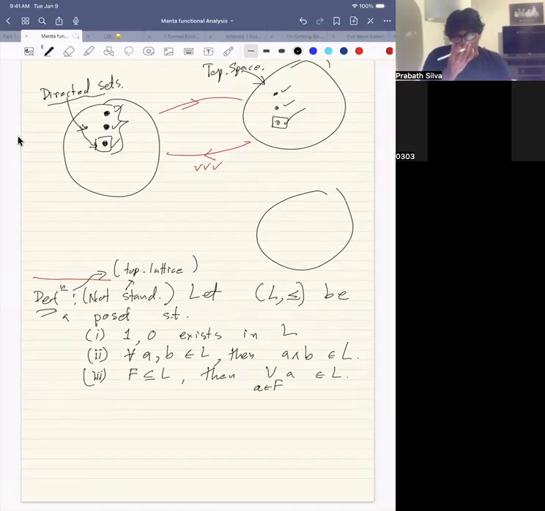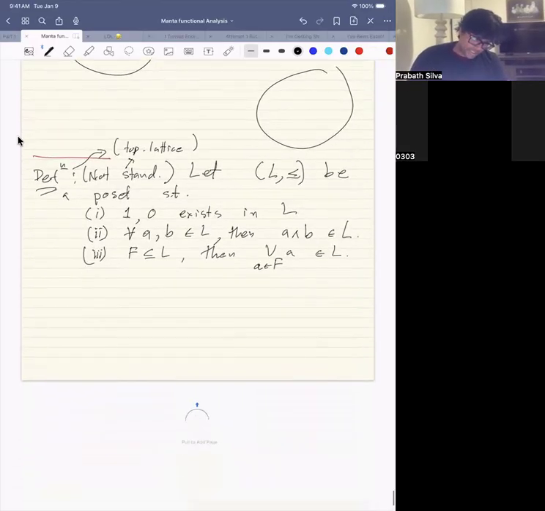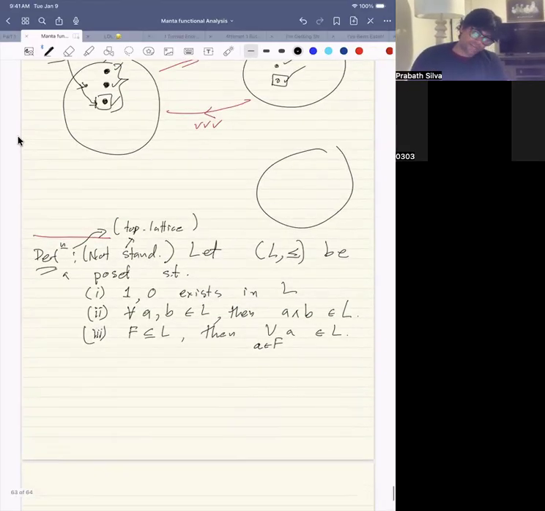Okay. So these are the definitions for a topology, written in the lattice side.